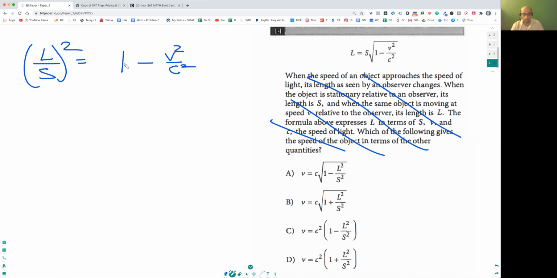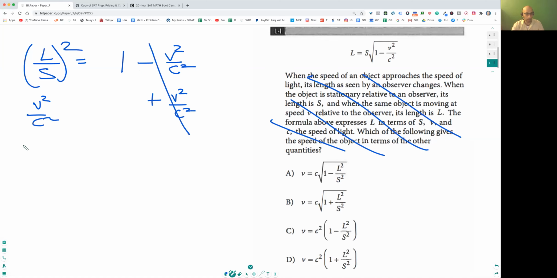And now, how do you do this? Think about this. How do you write 1 minus x is equal to y, right? It's the same thing. So be careful. How do you take x? So what I'm going to do is add VC over C squared to both sides. Okay, this cancels out.